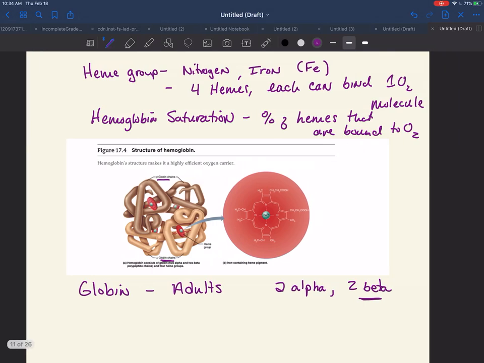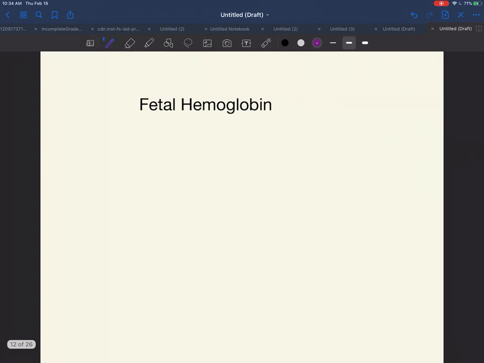Fetal hemoglobin is different. It has 2 alpha, and instead of beta, it has 2 gamma. So we'll put no beta globins. And you might ask, well, what is the significance of this?